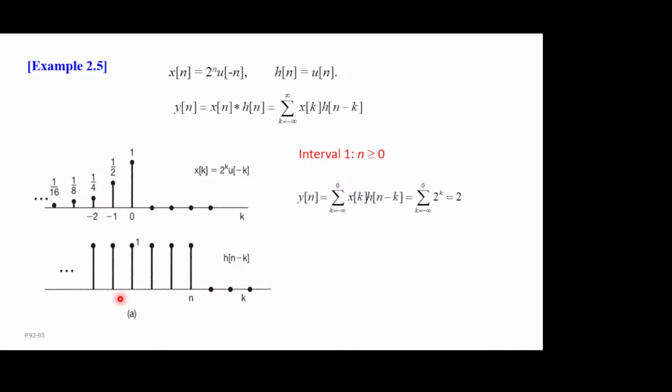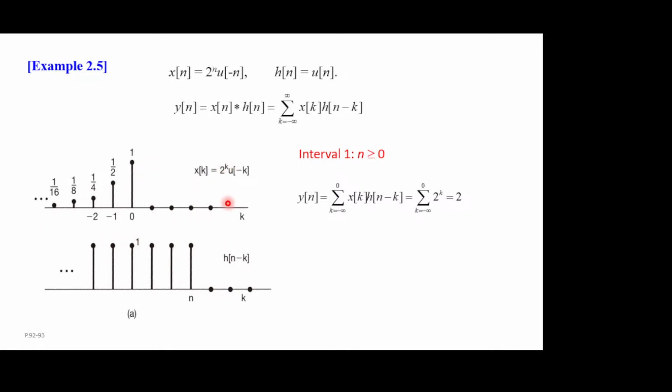We can do this in different order, but we do this for n bigger than 0 first because it's easier. So for n bigger than or equal to 0, h of n minus k starts from n, which is bigger than 0, and it will be 1, 1, 1, all the way through the negatives.